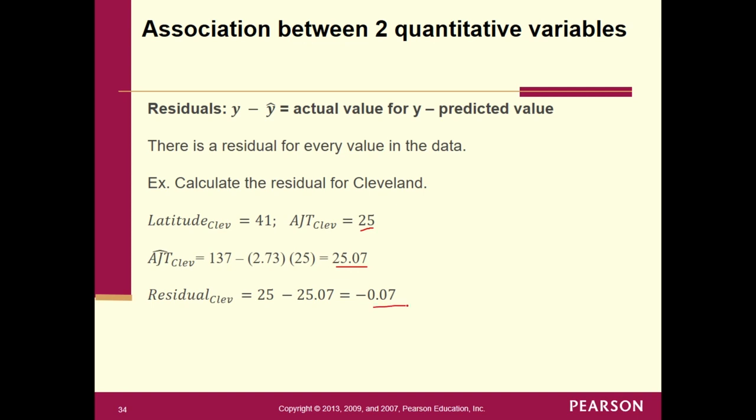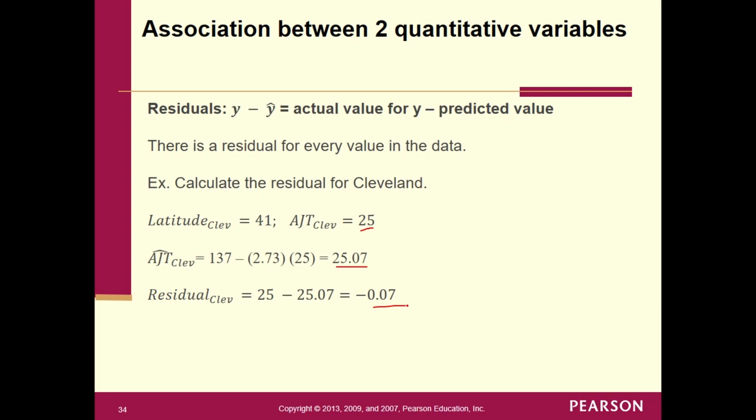And what is that telling us? That's telling us that our equation did a really good job at predicting the average temperature for Cleveland, because we had such a small residual. So I've got a question for you. Would we want large residuals in magnitude or small residuals?